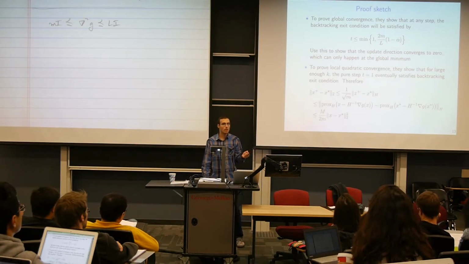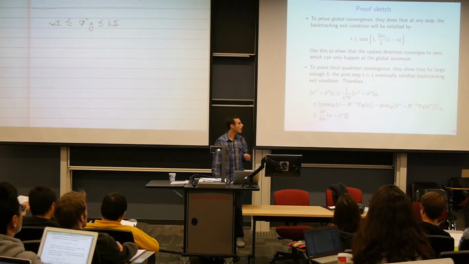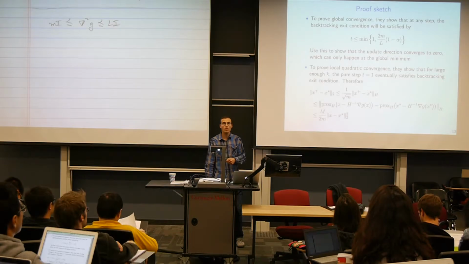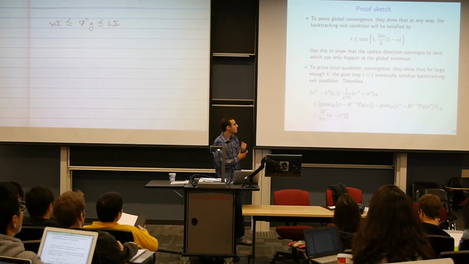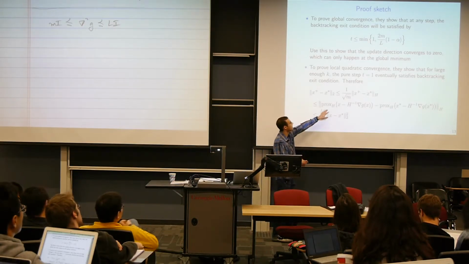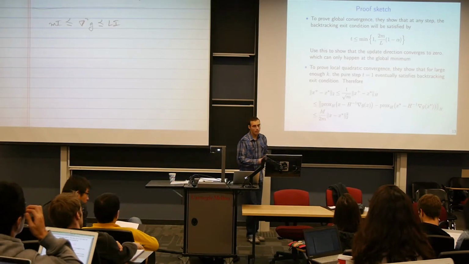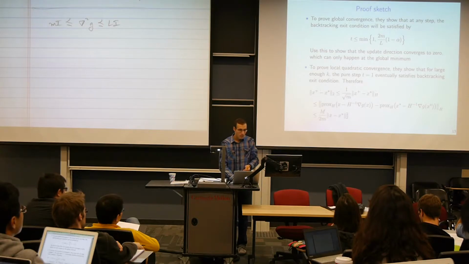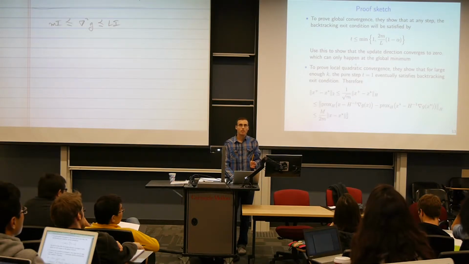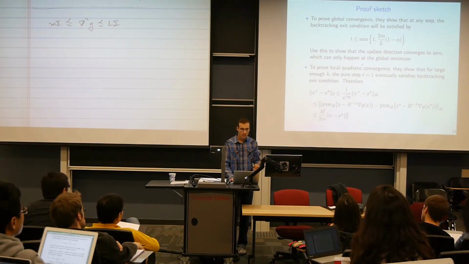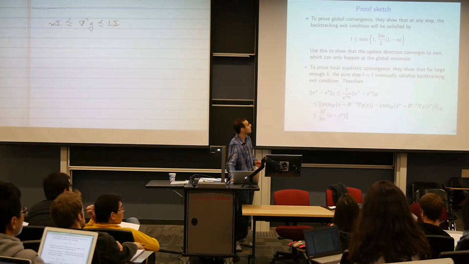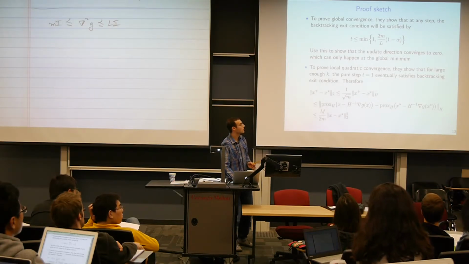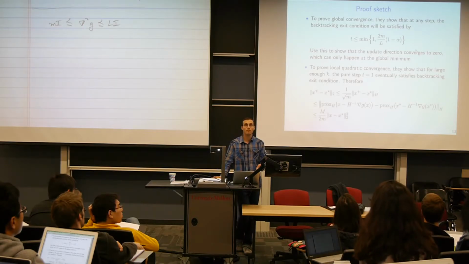Those properties are similar to those that you have on the prox operator in the unscaled form, but they're just generalized because of the presence of this matrix H. But the proof is similar to the Newton's method proof in the sense that there is a damped phase, so that in this phase between steps 1 and k0 of the algorithm, backtracking chooses a step size that's less than 1. Okay?